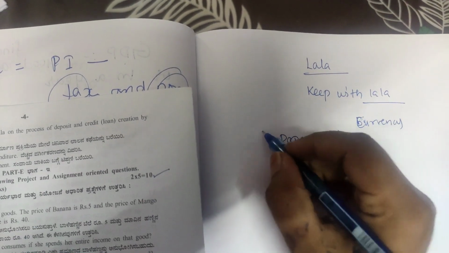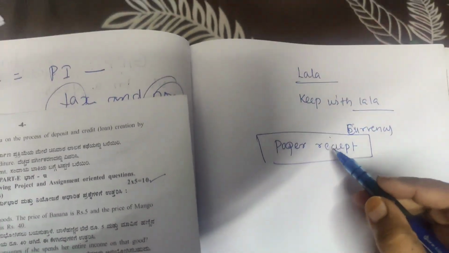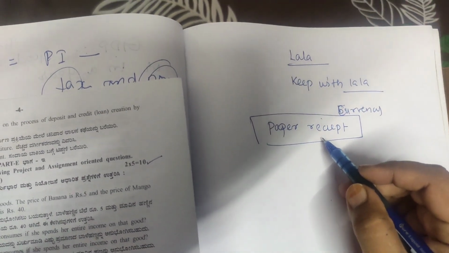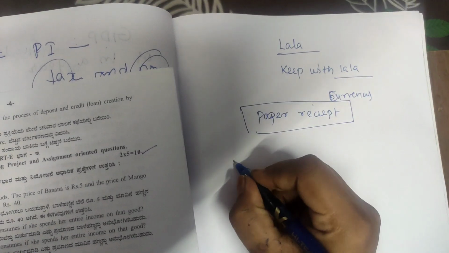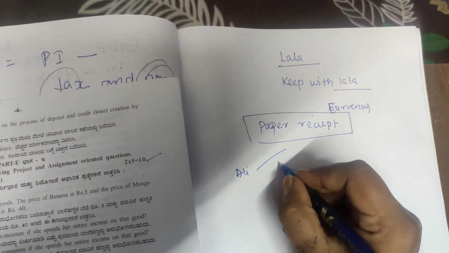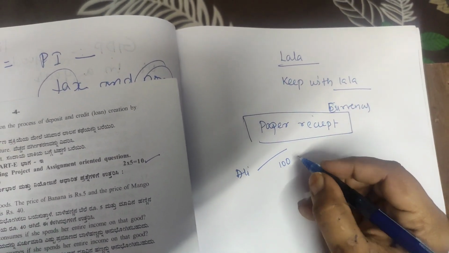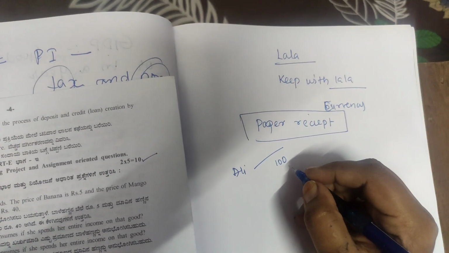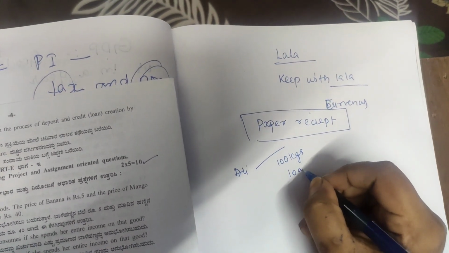So the paper receipt became very famous, it got recognition, and it started to circulate. So everyone used to keep their gold with Lala. Now, one person, Ali, goes and asks for 100 kgs of gold as a loan from Lala.